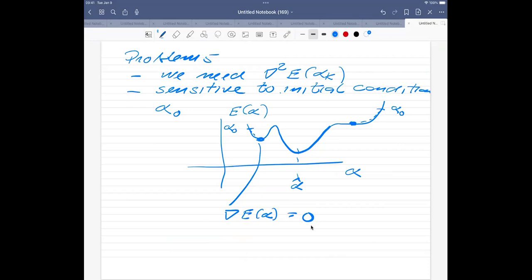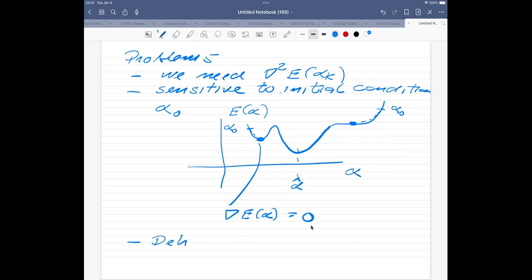So what is common then? This is sensitive to the values of alpha 0. And what we also often do is replace the delta, the second derivative, with a constant. But the results also depend delicately on how you evaluate the gradient.